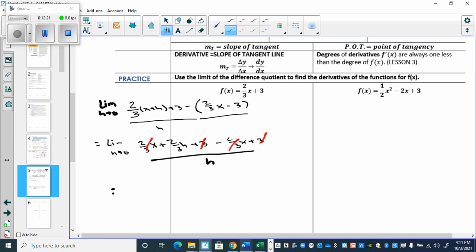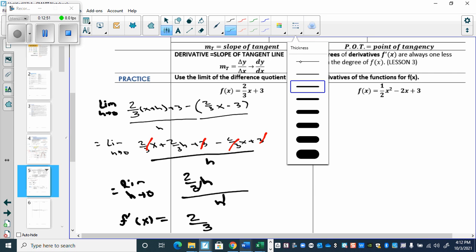I have the limit as h goes to 0 of 2/3 h over h. This cancels, right? And it's just 2/3. Like, I can't plug anything in. So pretty straightforward. And at the end, I would probably write f prime of x equals 2/3. So keeping that in mind, let's go ahead and look at the next one here.